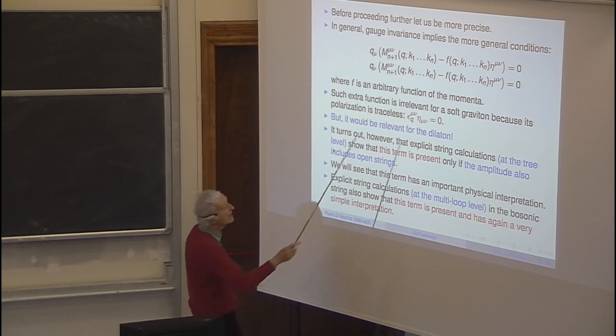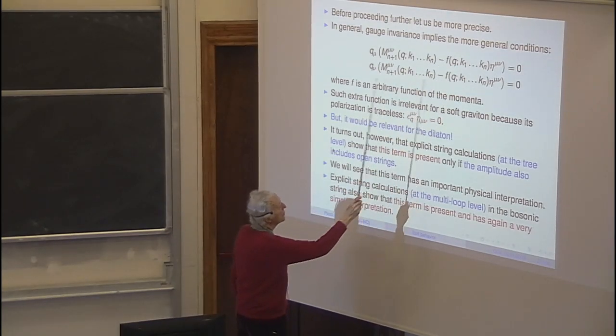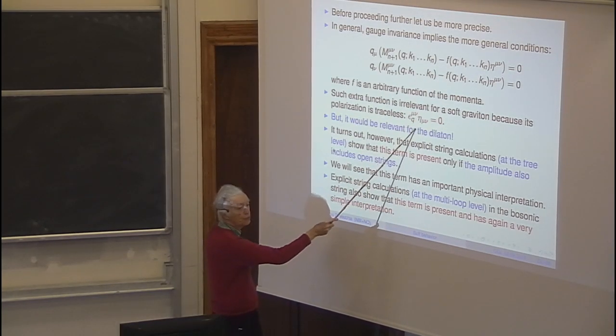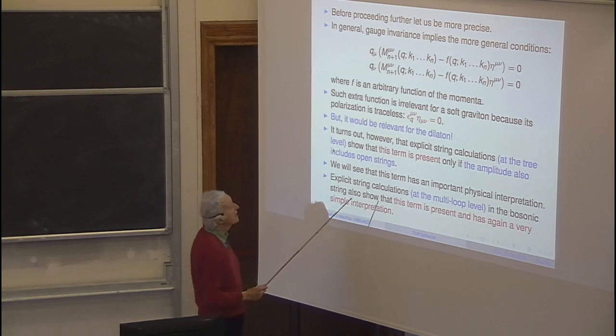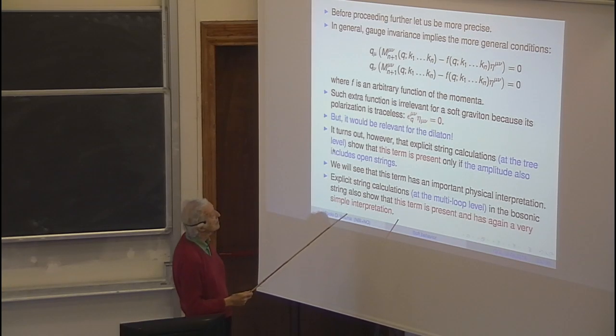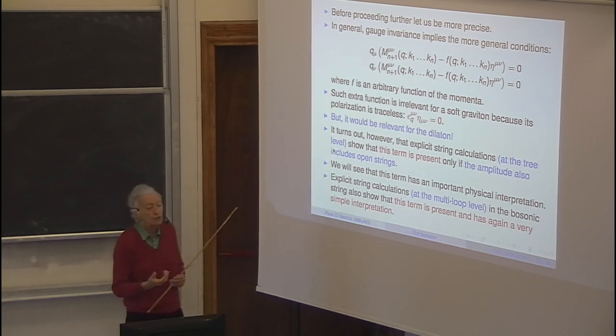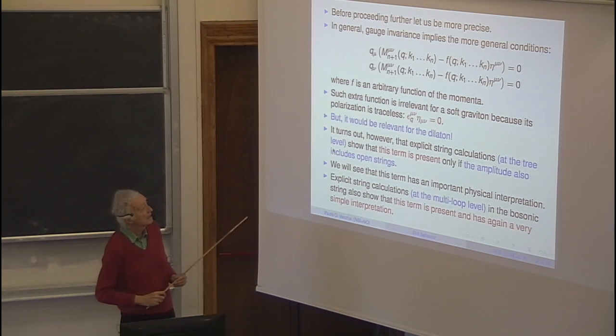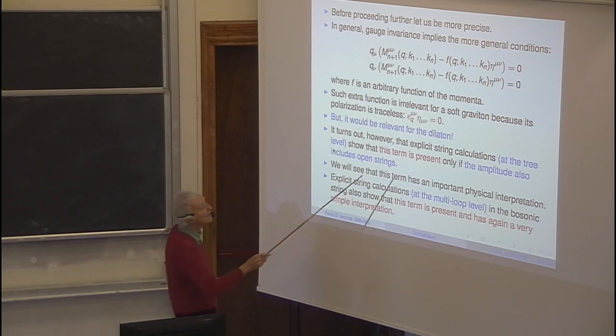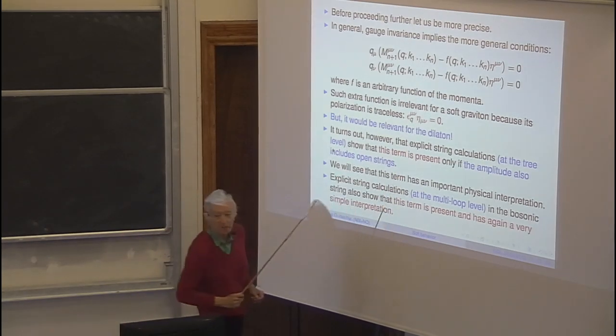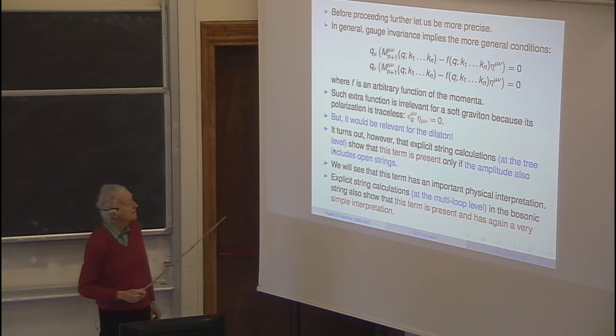Now, a term like that is irrelevant for the graviton because you use this condition. But it would be relevant for the dilaton. And so, in general, for the dilaton, you cannot derive a soft theorem unless you say something about this function f.